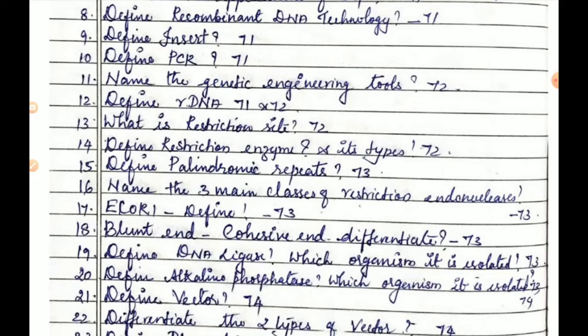Palindromic sequence means that the sequence in both DNA strands at this site reads the same in the 5' to 3' direction and in the 3' to 5' direction. That is given in the blue color box.